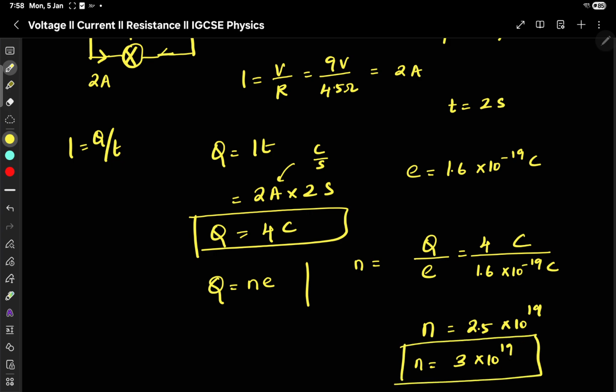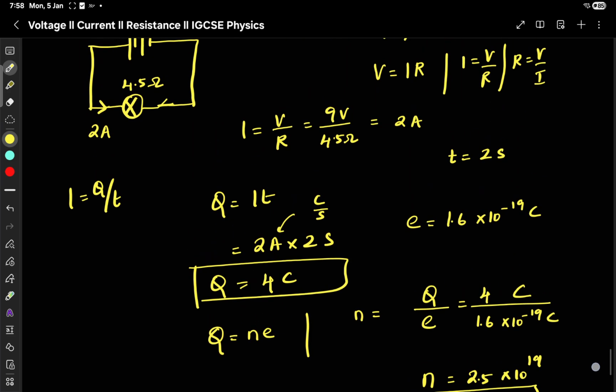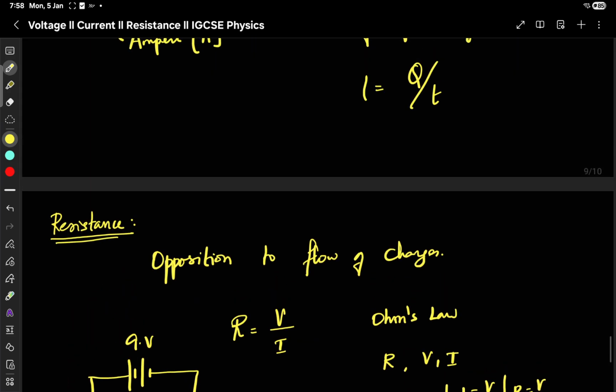According to the quantization of charge, N can be a whole number. So these things you have to remember when it comes to voltage, current and resistance.